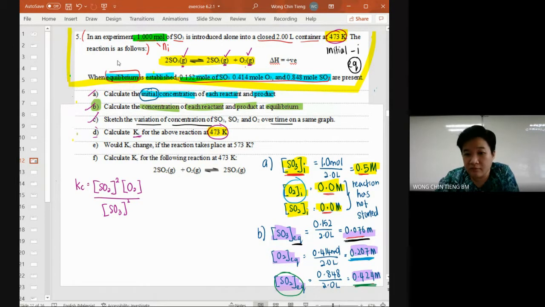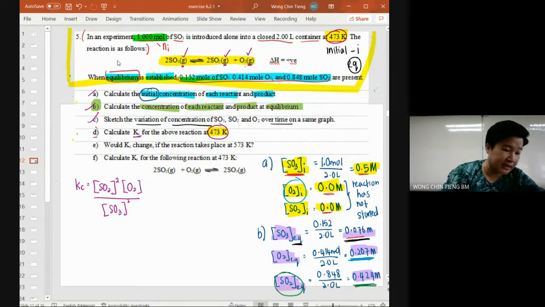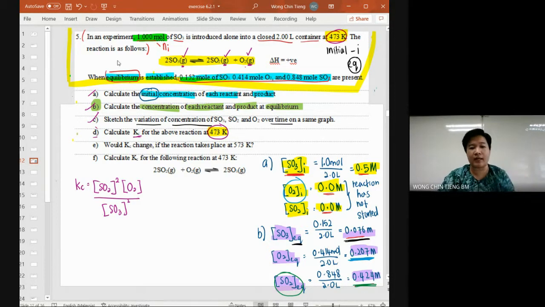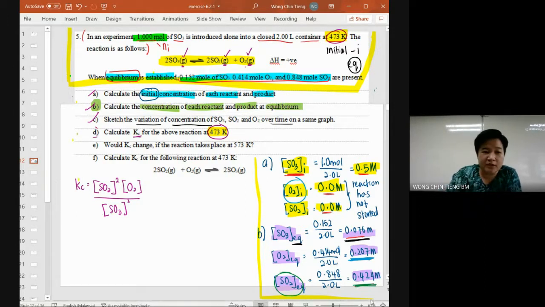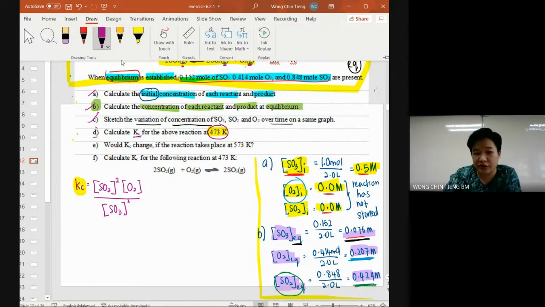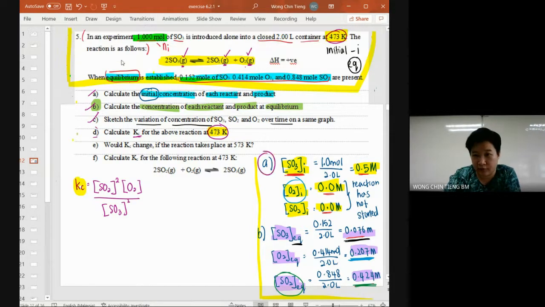Dengan kata lain, 473 adalah soalan kamu. Semua benda yang kamu kira ni, A, B, is 473. Dan when the question asking for Kc, we are taking the information from the question A that you calculate or the question B that we calculate.